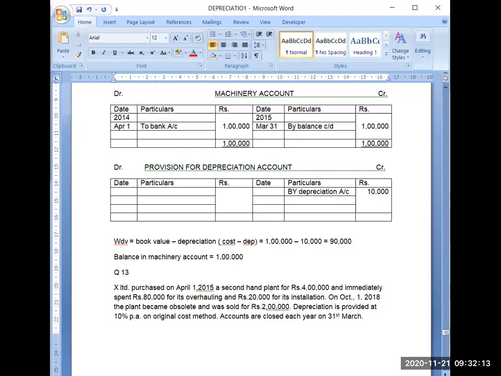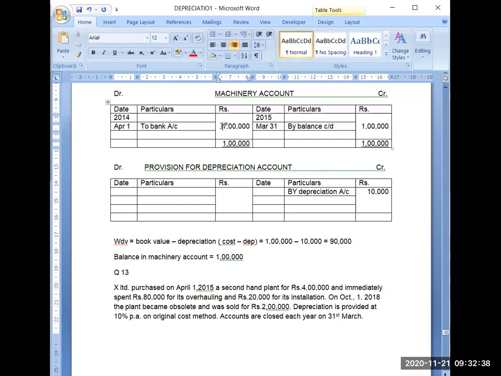So these are two different terms in this method. Balance will be 1 lakh and provision will be 10,000, but the written down value will be 90,000. When we deduct the amount of provision for depreciation from the amount of machinery account, then we get the written down value of the asset.